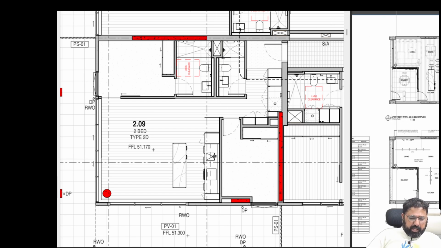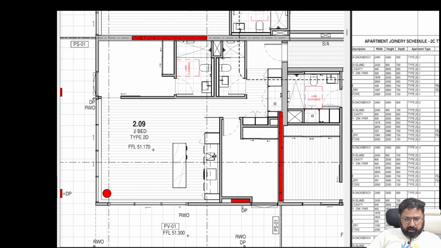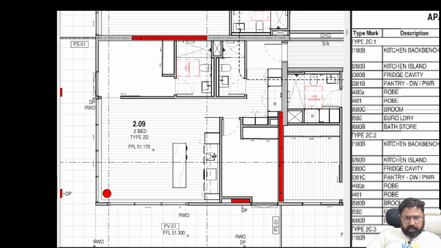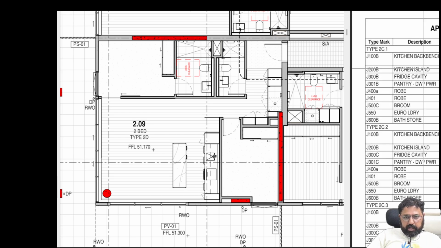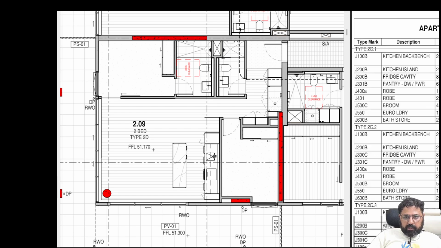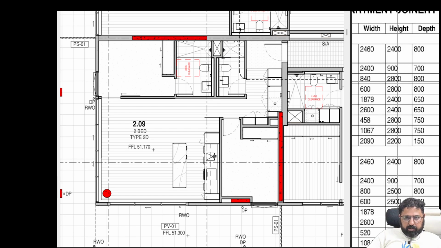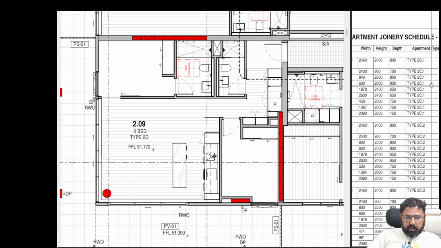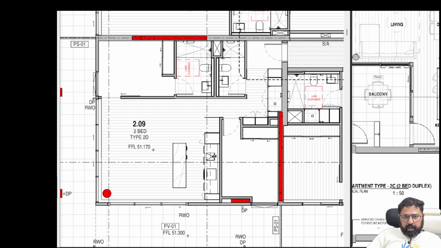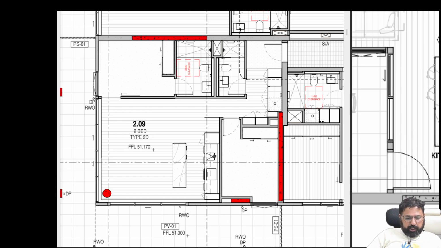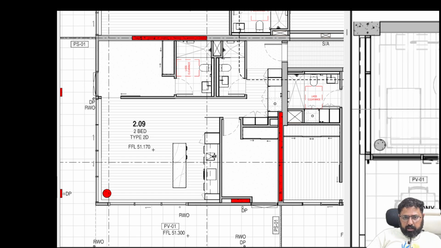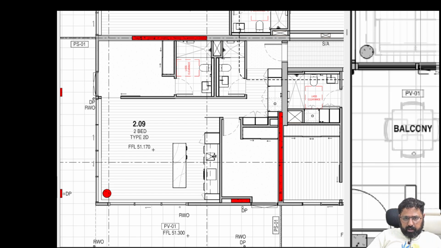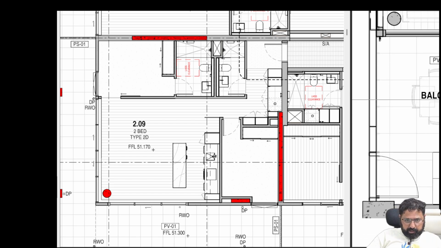But a drawing like this is very simple to learn and to calculate each and everything, like the kitchen island. Here it is mentioned in the joinery part schedule, you just need to check how much height is there, how much width is there. Here you have, this is your pavers.